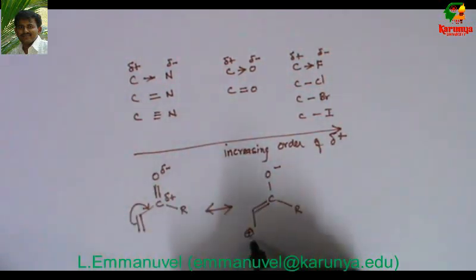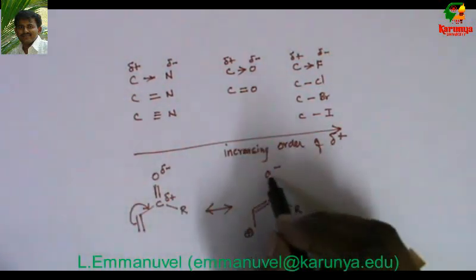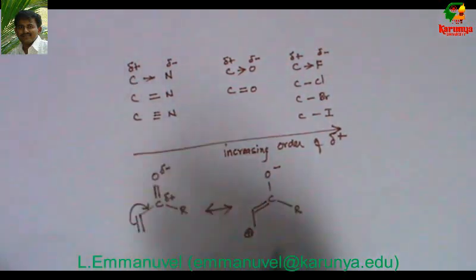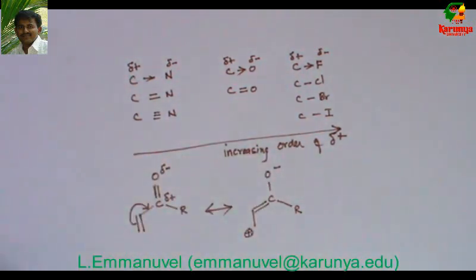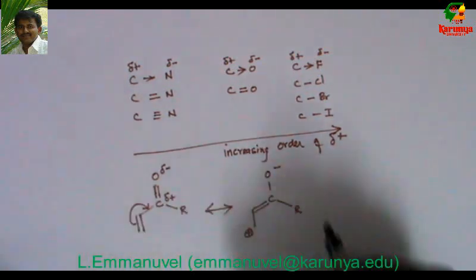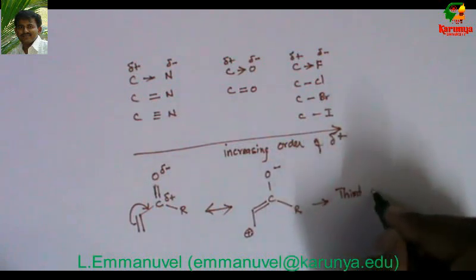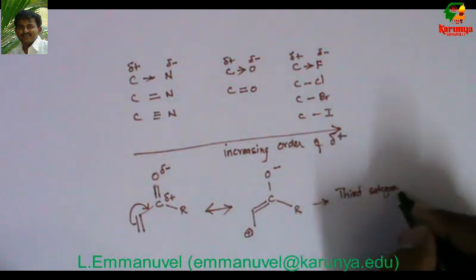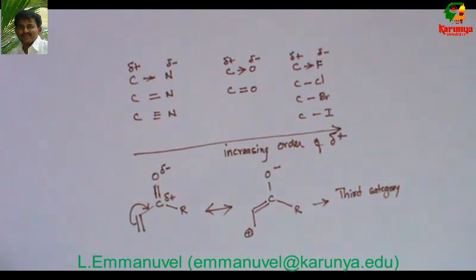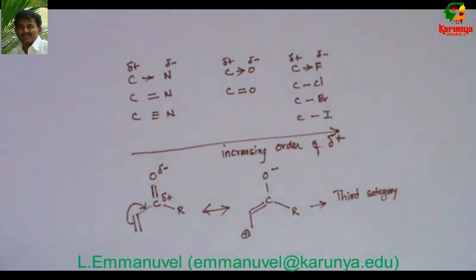So there is a plus charge on this carbon and minus charge on our oxygen. Basically it is an enolate. So in fact this is the third category, whatever I have explained. This third category is the extension of the second one. What will be the effect of resonance in the second category that results in this?